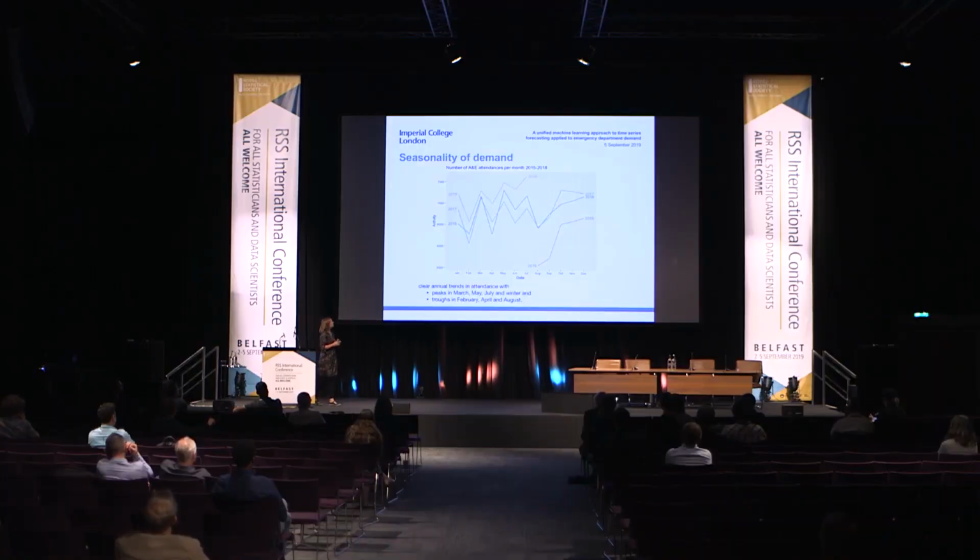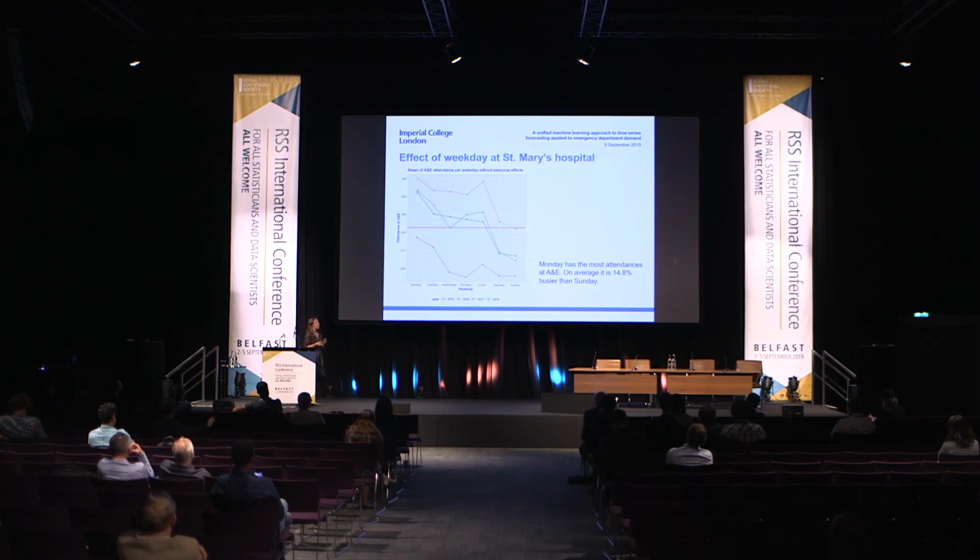Just to give you a bit more insight into the exploratory analysis, there's of course seasonality, as I've just shown you for the example of 2017. As seasonality of the demand, we have again peaks in March, May, July, and winter, and troughs in February, April, and August. This is for 2015 to 2018.